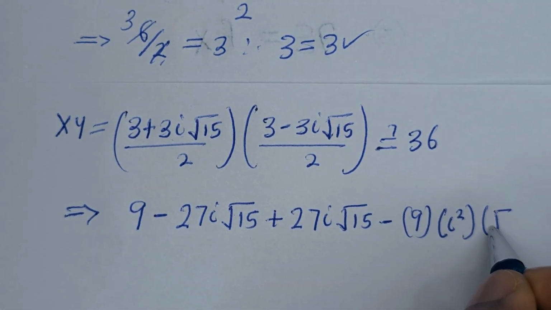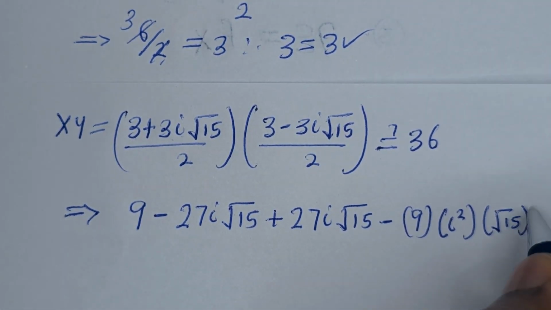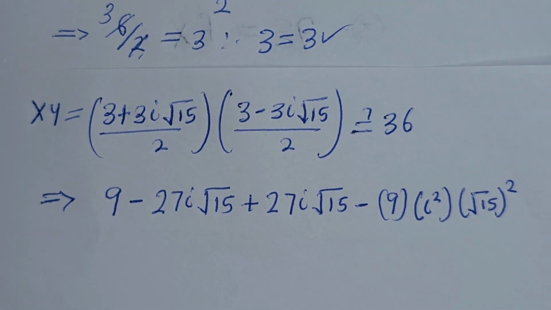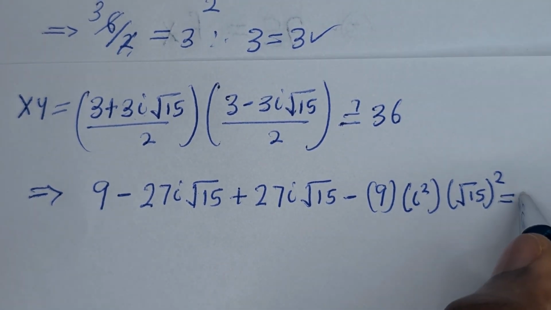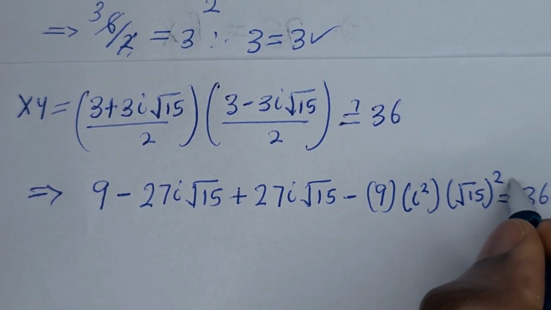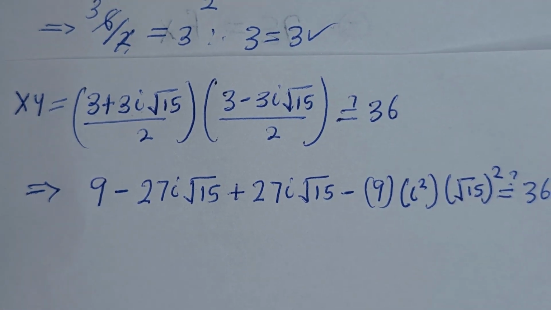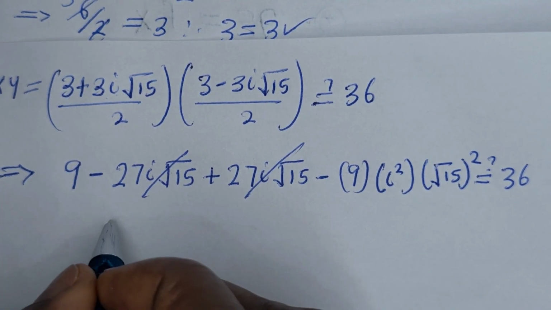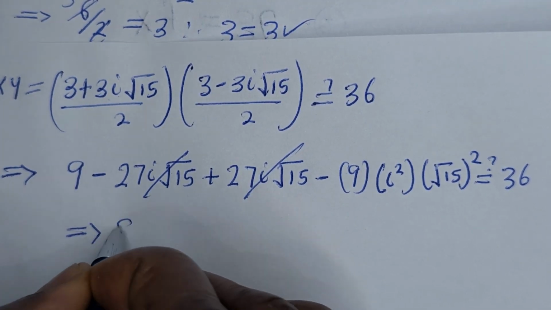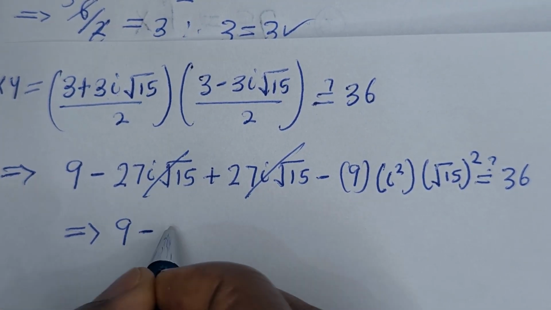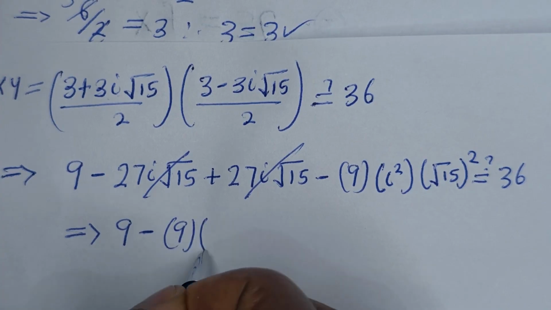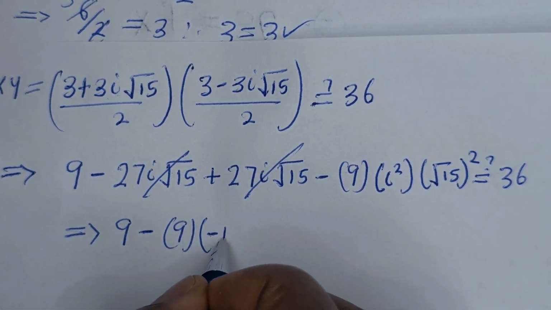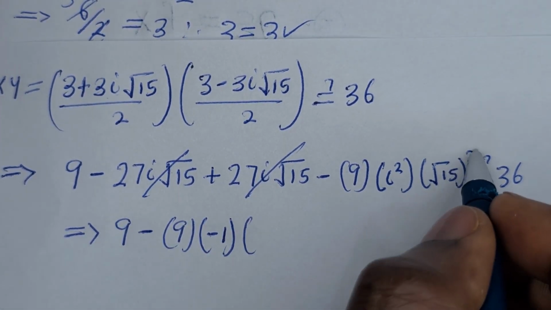This is root 15 square, must be equal to 36. Then this cancels this. We have 9 minus 9 multiplied by i square, which is equal to minus 1, multiplied by this, this cancels this.